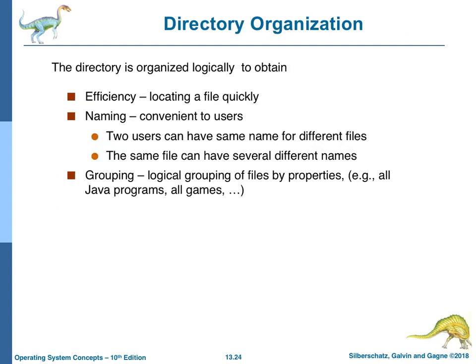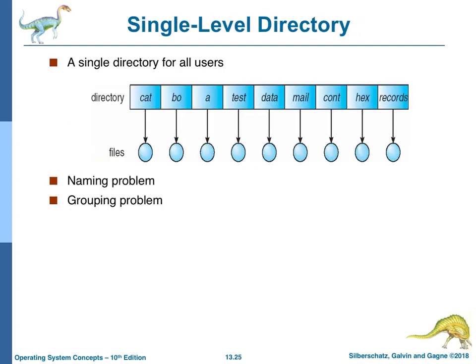For directory organization, we have different types of groupings available. We have single level directory, multi-level or maybe two level directory, and then we have tree structures. In a single level directory we have a single directory and the corresponding files inside that directory. The problem here is naming and grouping.